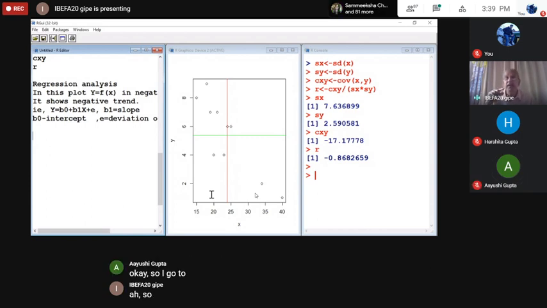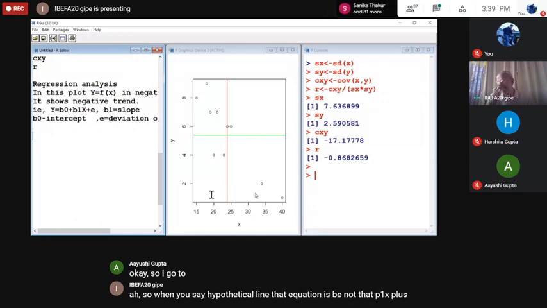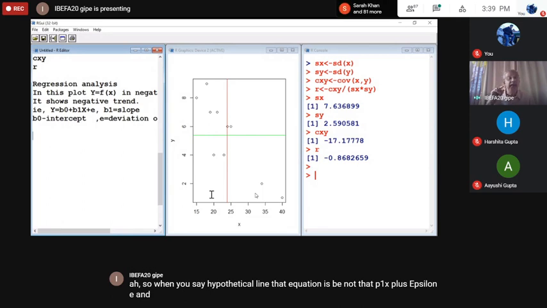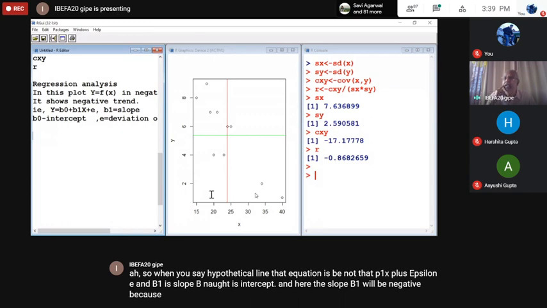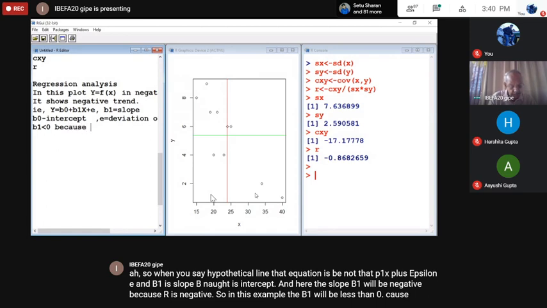So when you say hypothetical line, that equation is B0 plus B1x plus epsilon E. And B1 is slope, B0 is intercept. And here the slope B1 will be negative because R is negative. So in this example, the B1 will be less than 0 because R is less than 0.